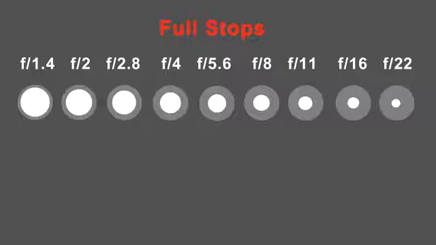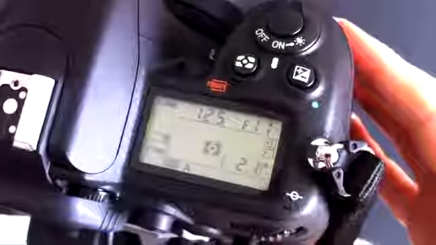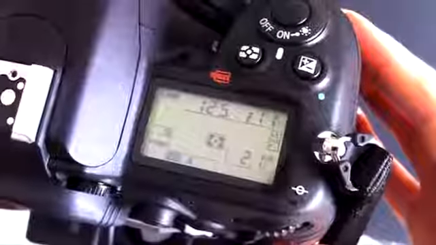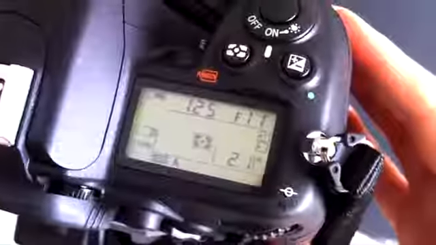This way, f1.4 lets twice as much light as f2, and f2 lets twice as much light as f2.8, and so on. You should also know that some modern cameras can also display half of a stop or even 1/3 of a stop between full stops.